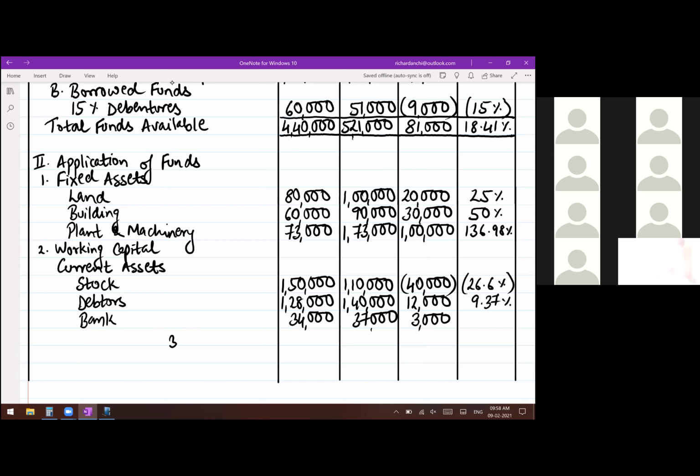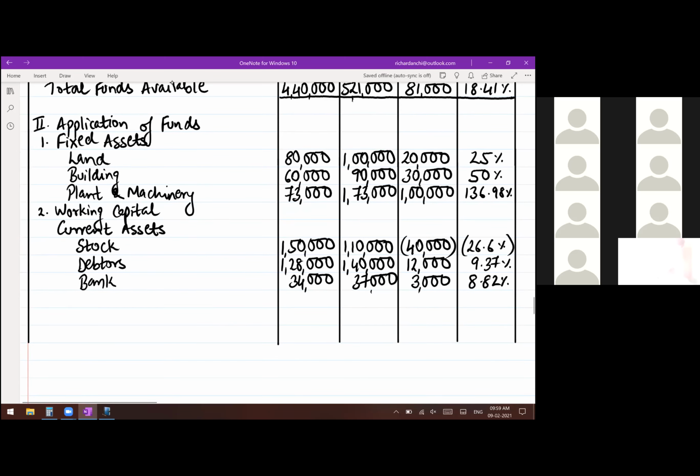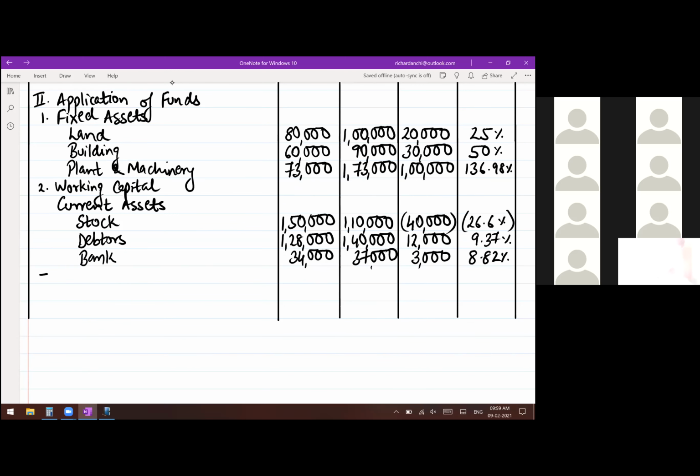Then 3,000 divided by 34, change upon initial into 100 will give you percentage change. 8.82%. Okay. Now, current assets are over. What you have to do is minus current liabilities, and there again there are three items. So one below the other we will write.